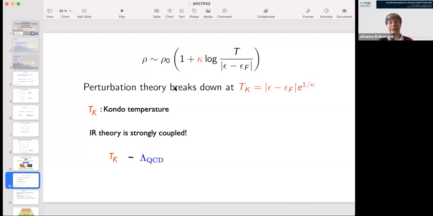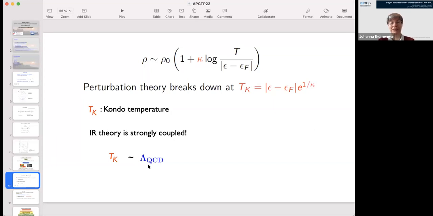This is a sign that in the infrared, when we go to low energies, the theory is strongly coupled. And that motivates a lot of the interest in this model from a quantum field theory perspective, because in some sense, this is very similar to what happens in QCD.